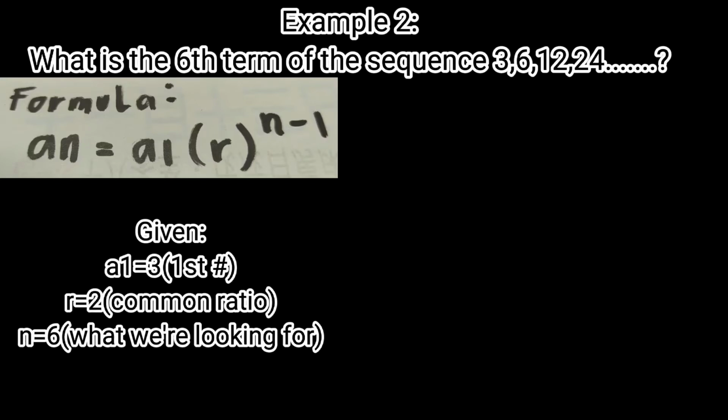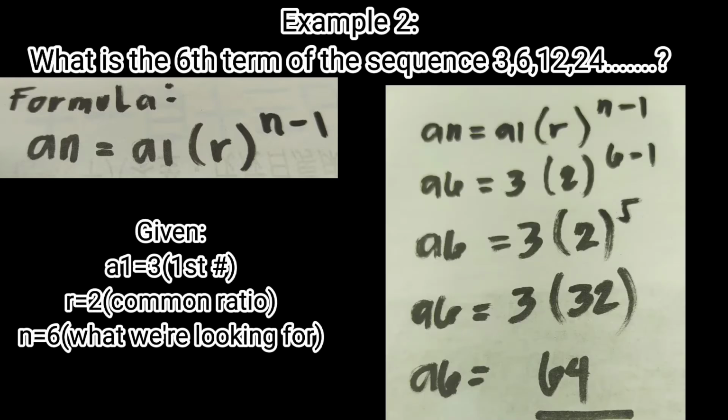Now for our solution, following the formula again, An is equal to A1 times R raised to n minus 1. What is our n? A6 is equal to, what is the given A1? 3 times our common ratio, which is 2, raised to n, which is 6, minus 1. Then A6 is equal to 3 times 2 raised to 6 minus 1 is 5.